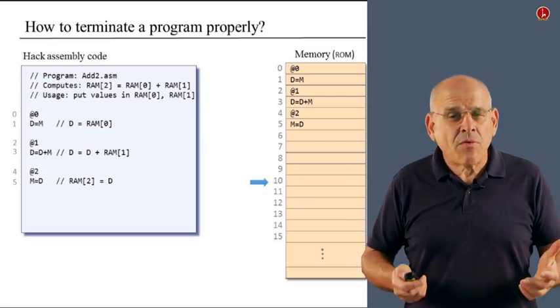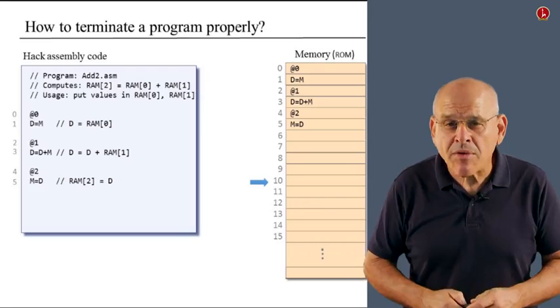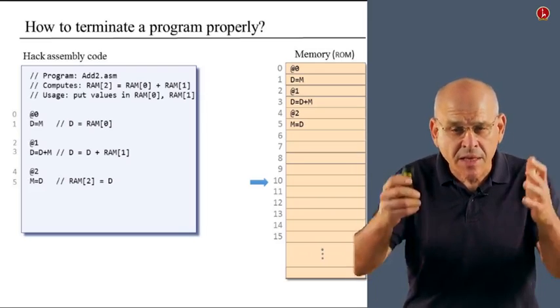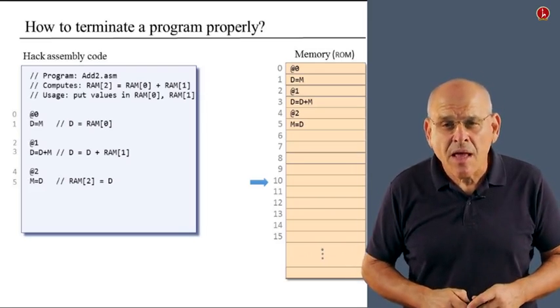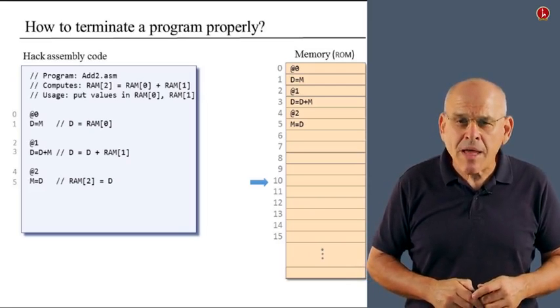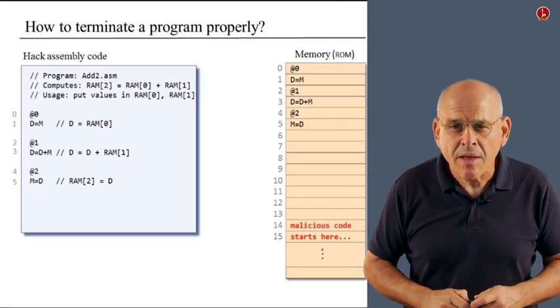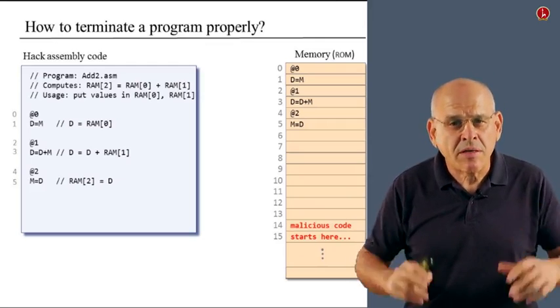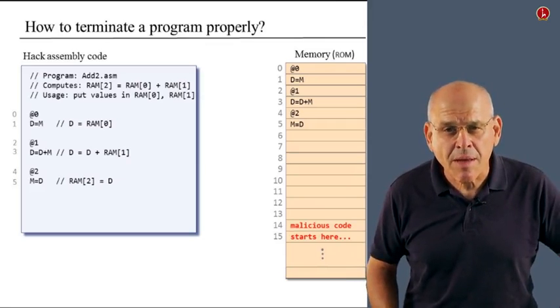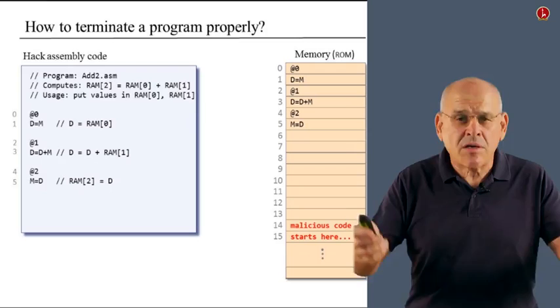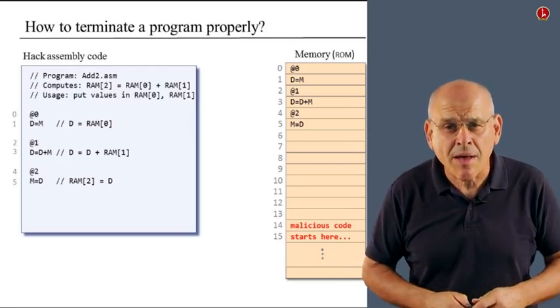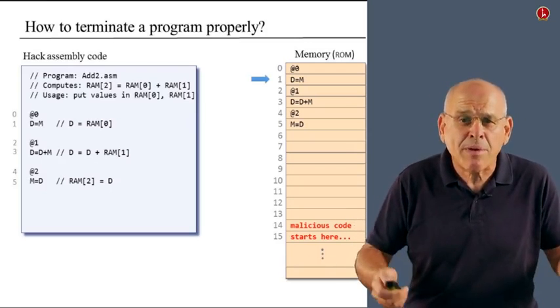Now, if I were a bad hacker, and I had seen this pattern of execution, I would say, well, maybe I can write some malicious program and put it somewhere downstream in this memory, and then I would let the user run his or her program naively. The user will happily run his program.